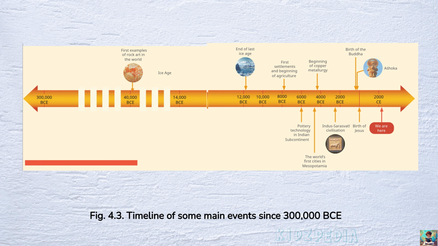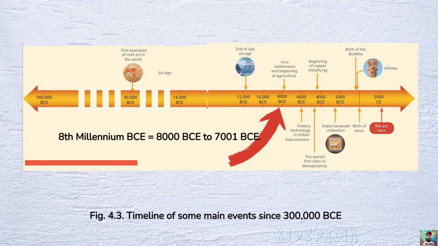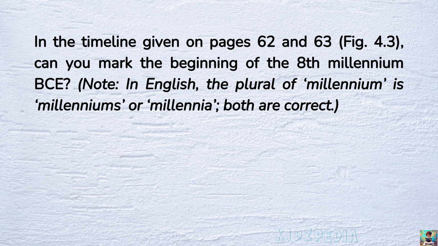The 8th millennium BCE includes the years from 8000 BCE to 7001 BCE. So, the beginning of the 8th millennium BCE is at 8000 BCE.